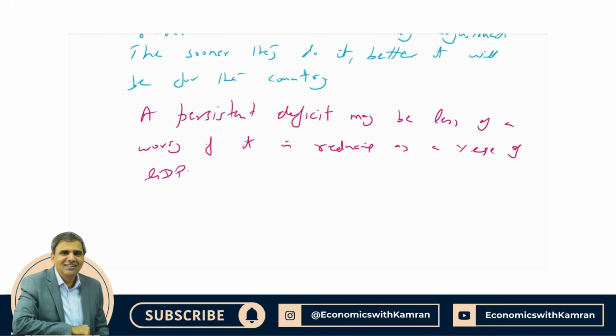So a persistent deficit may be less of a worry if it is reducing as a percentage of GDP, as it gives greater resources to the government to make necessary adjustments.